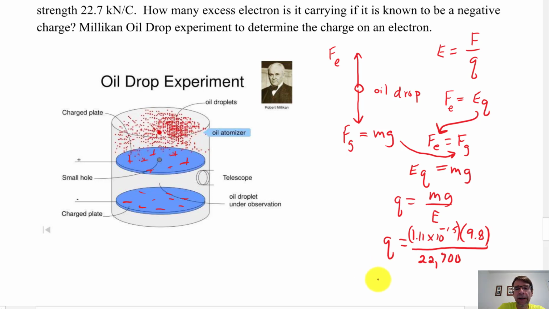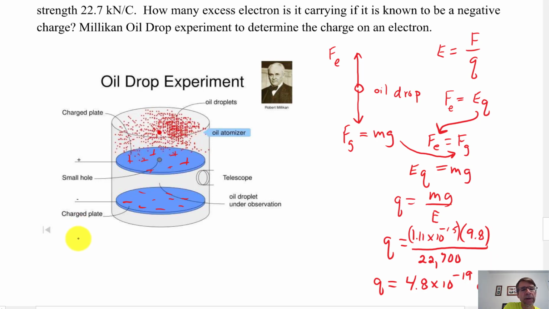So if I do the math there, I multiply those two top numbers, divide by the 22,700, it comes out to be 4.8 times 10 to the negative 19th coulombs. That's the charge on that oil drop. Well, but it says how many excess electrons.